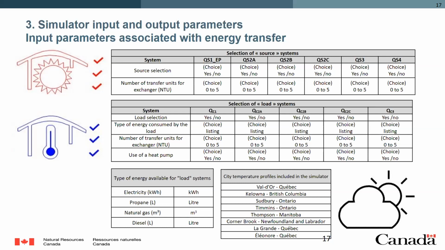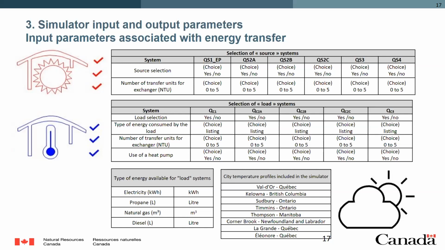So on the source side, you have the selection whether you use each type of source or not, and then you have the choice of the NTUs, which are the number of transfer units for the heat exchanger, which represent the capacity of the heat exchanger to transfer heat, and these will be rated between 0 to 5. So you say okay, yes or no to which type of source, and then will be the NTU that you're going to be using. Okay.